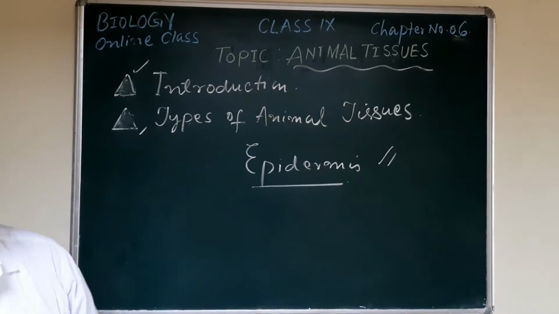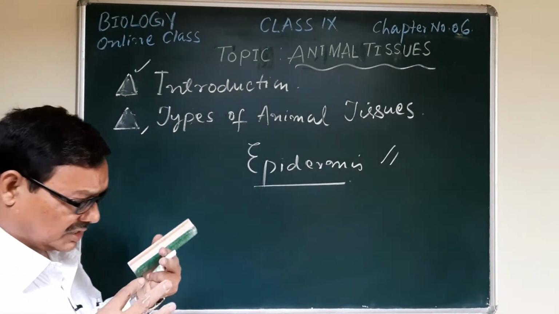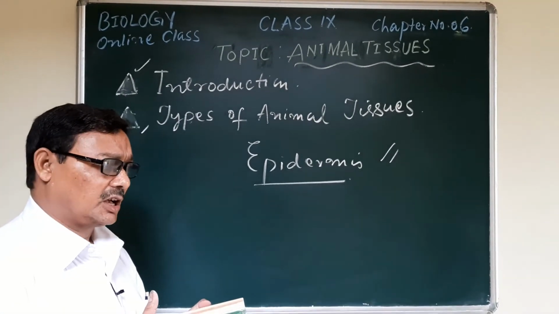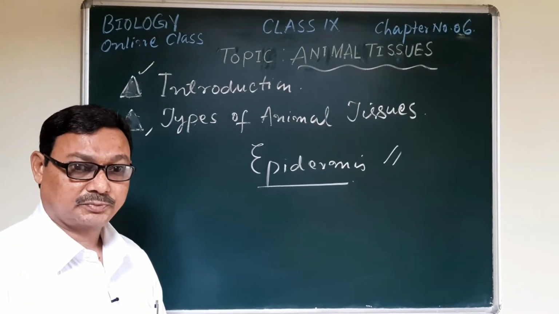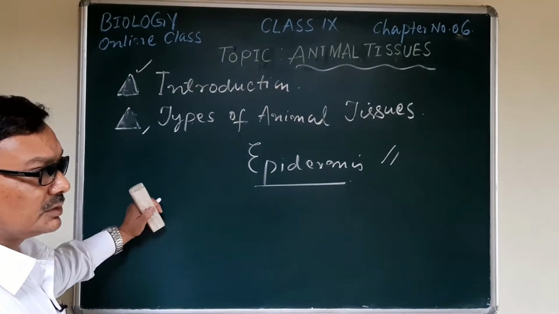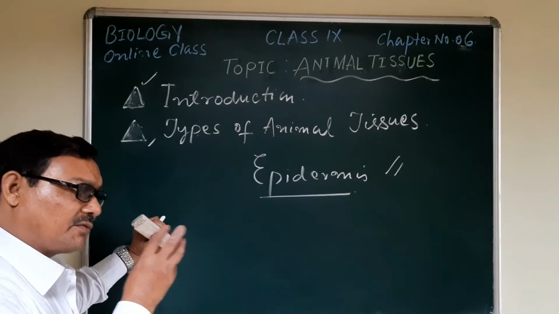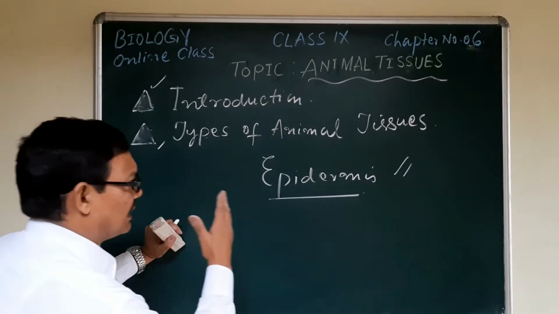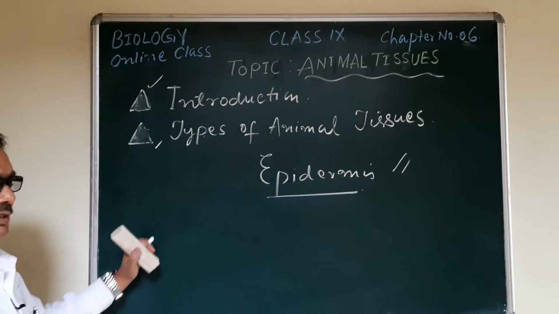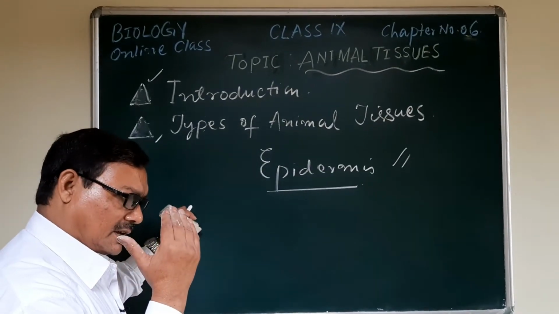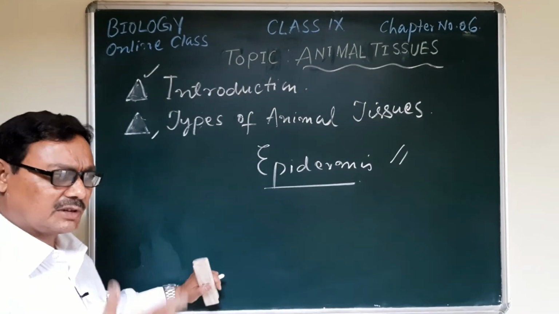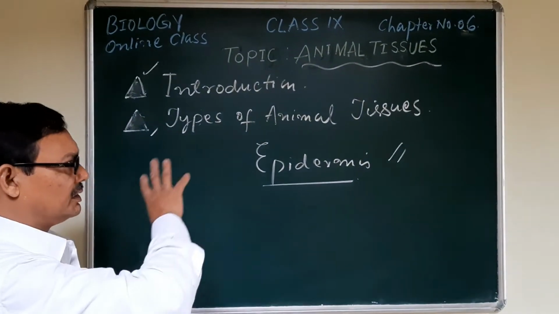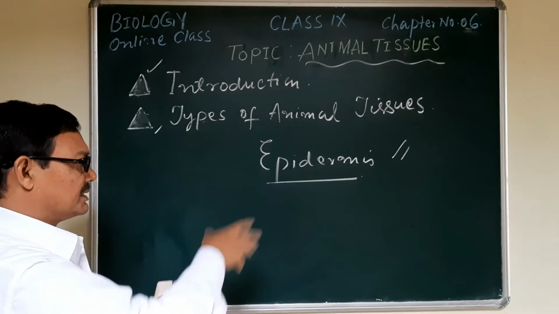Similarly, there is the attachment of muscles to bone, and there is also another type of tissue for that. So in the animal tissue, there are several types of tissue, and their classification is also complex in comparison to the plant tissue. We will see later on when we classify this.